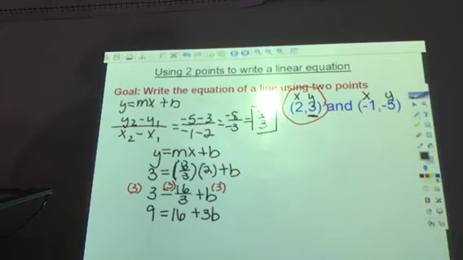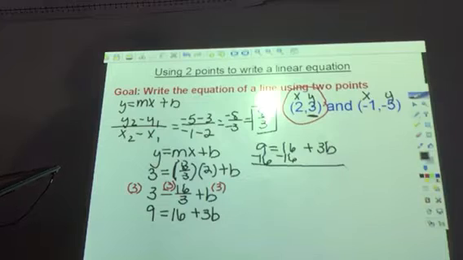So now I've gotten rid of the fractions, and I'm going to move this over here because I may run out of room. So now I need to solve for b by subtracting 16 from both sides. 9 minus 16 is -5 equals 3b. Divide both sides by 3.